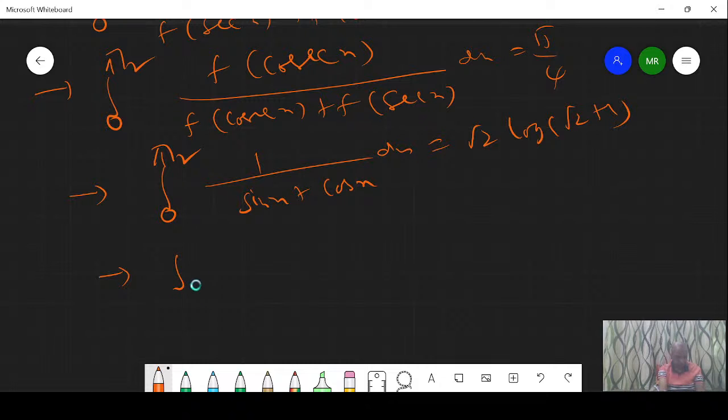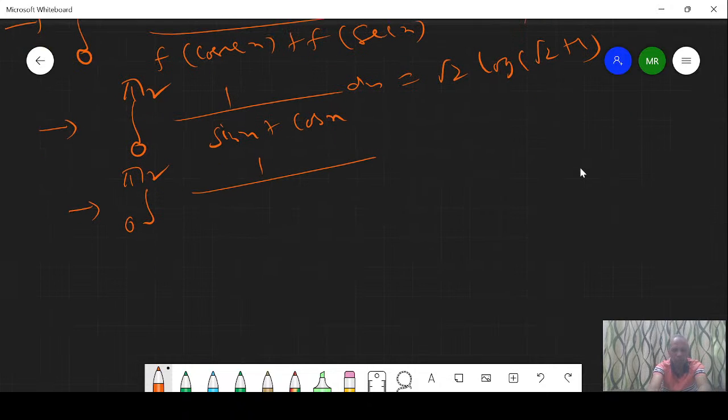Again, integral 0 to pi by 2 of 1 by a square sin square x plus b square cos square x dx.